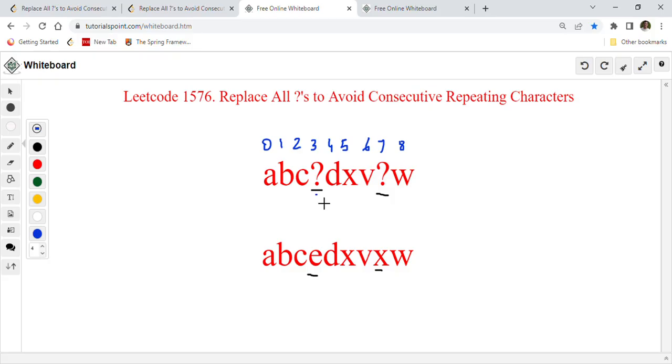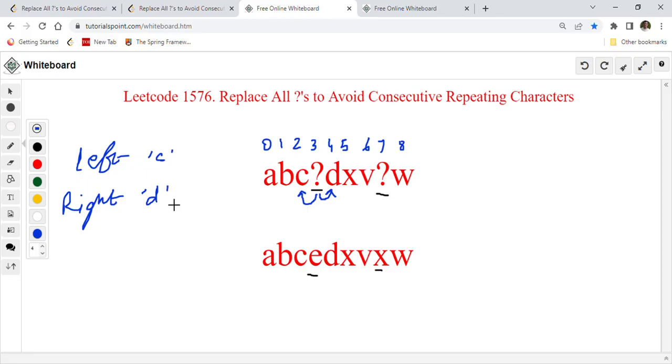So left neighbor of the question mark is C, correct? Right neighbor of the question mark is D, correct? So now you know the left neighbor is character C, and you also know the right neighbor is character D, right? So this is easy to find out.